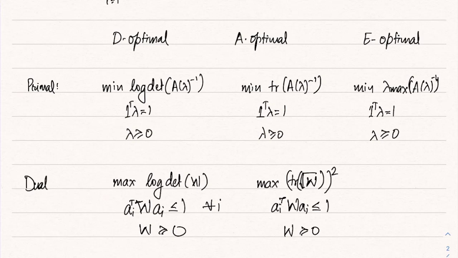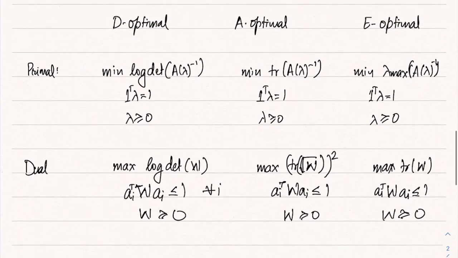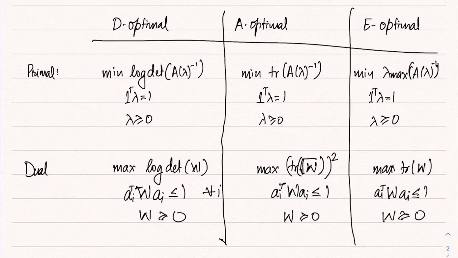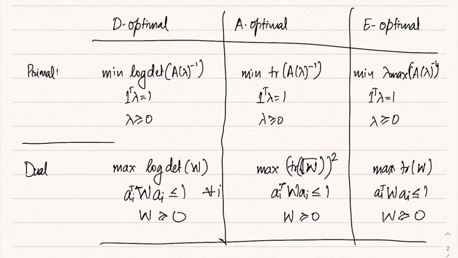And then finally in the E-optimal case, we have already derived it. It is maximize trace of w, and again the same constraints, ai transpose w ai less than or equal to 1 and w positive semi-definite. So these are the three formulations that we have seen so far: A-optimal, E-optimal and the D-optimal case, and we have found the three duals corresponding to each of them.